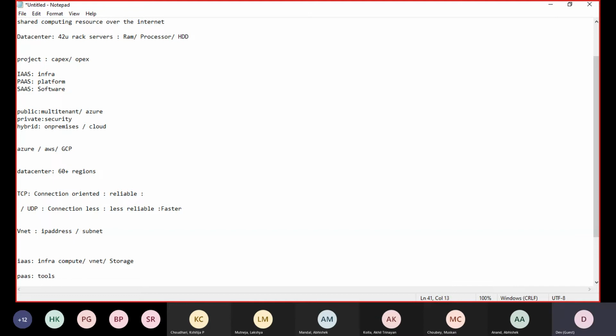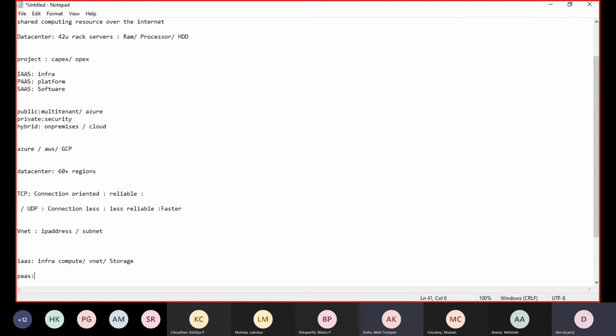So these tools are basically for what? Software development, application development. Are you sure it's always for the development part? Tools for anything, tools for deployment, tools for testing, everything. It provides a platform to do anything.